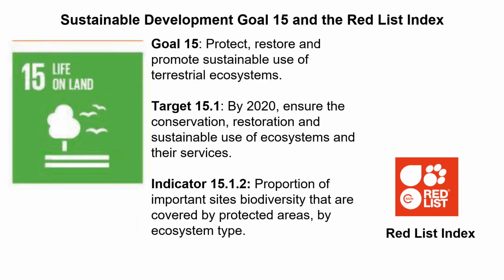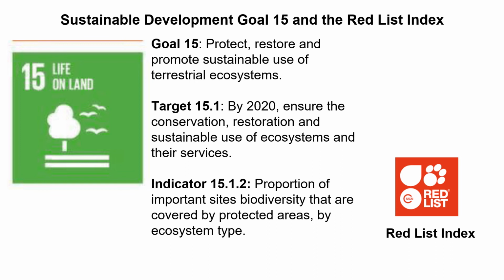Let's have a closer look at SDG 15. The goal is to protect, restore, and promote sustainable use of terrestrial ecosystems, sustainably manage forests, combat desertification, and halt and reverse land degradation and halt biodiversity loss.